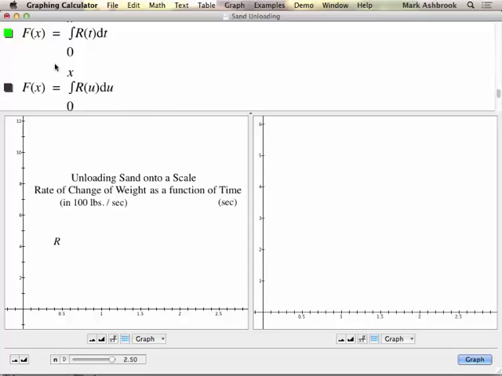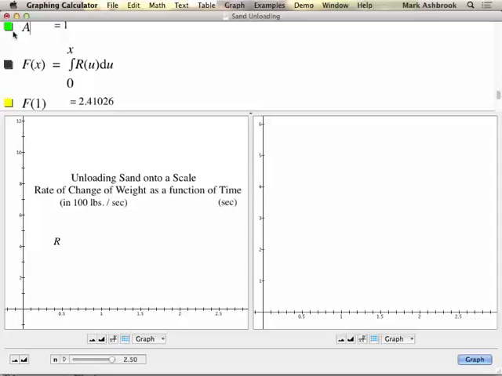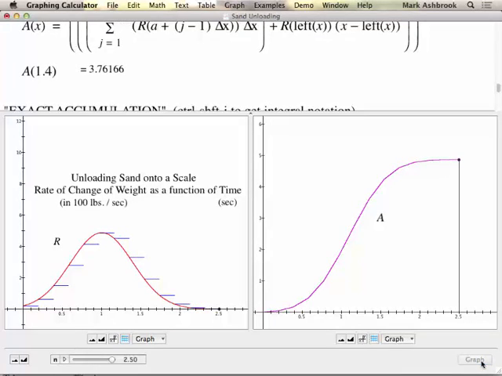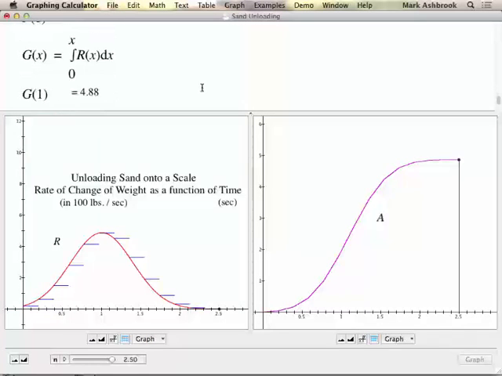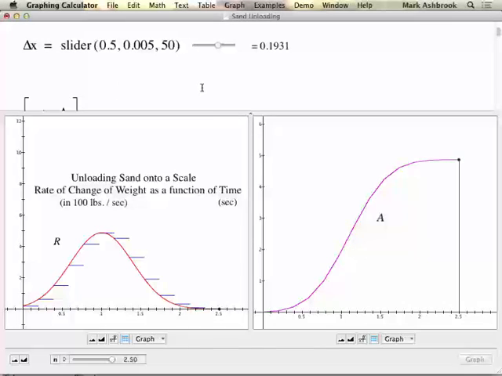So what did we do? We did A of 1.4. I'm going to come back here and do A of 1.4. And did we see that that was an overestimate or an underestimate? So let's graph them both. Oh, no, it needs to be 4. Okay, hold on.